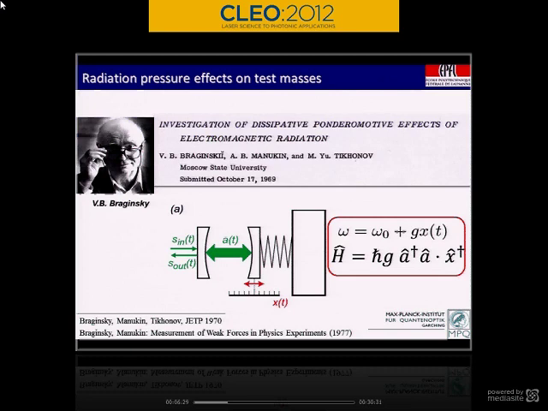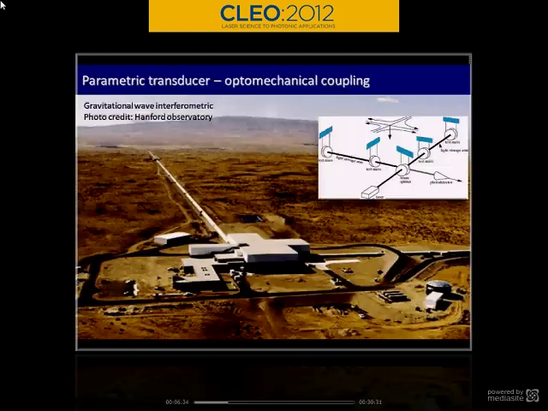Now again, Braginsky made these predictions all in the context of gravitational wave detection. He was interested in using interferometers, in fact interferometer pairs, to construct gravity wave interferometers. Gravity waves are tidal waves. So what they would do is reduce the length of one arm and increase the other, and differential length changes are extremely minute.